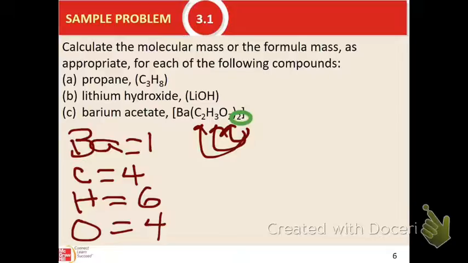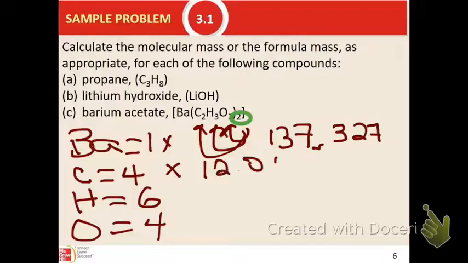And each barium, according to the periodic table that I'm looking at right now, says 137.327. And we have 4 times each carbon, which is 12.01.